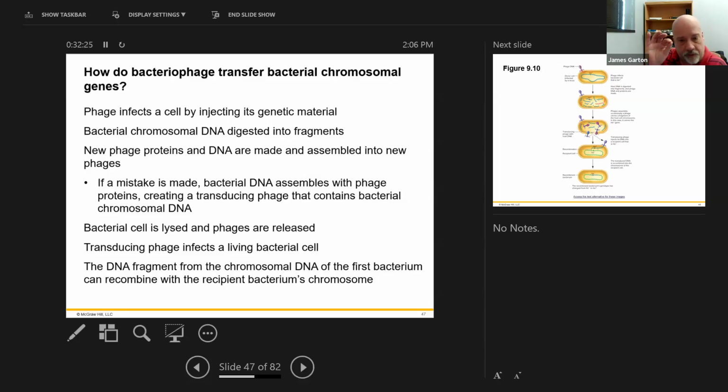And so you get pieces of bacterial DNA along with the phage genome packaged into the phage protein, which then can now lyse and rupture, release the phages. The phages can go infect another cell, and that little piece of chromosome that might have in error been packaged in with a new phage can go into the second bacterium.